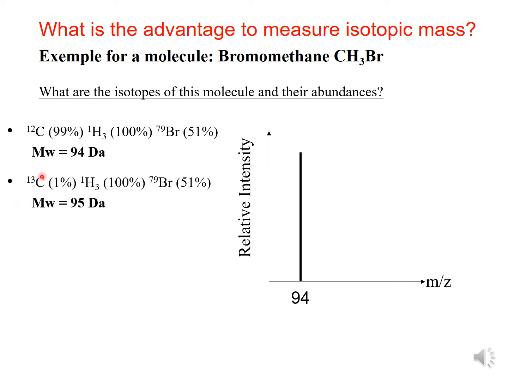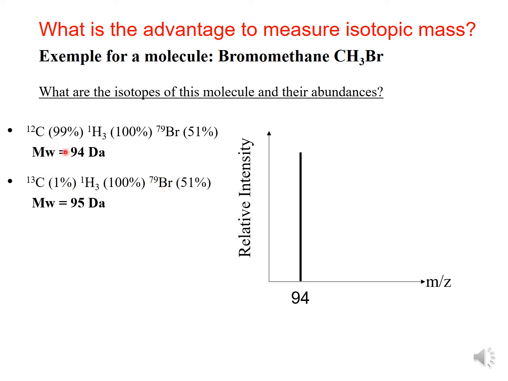The second isotope is this one. We have a carbon 13 now, and the relative abundance is 1% as compared to the carbon 12. We have, of course, the protons and the bromide 79.